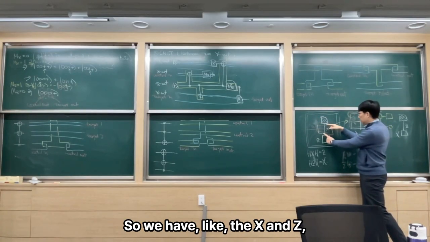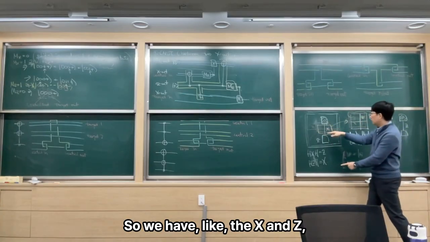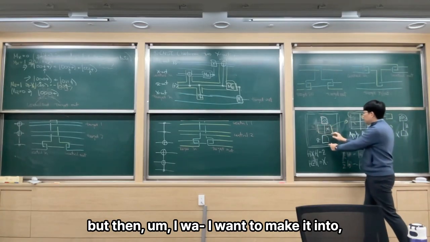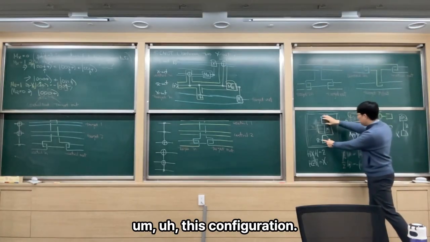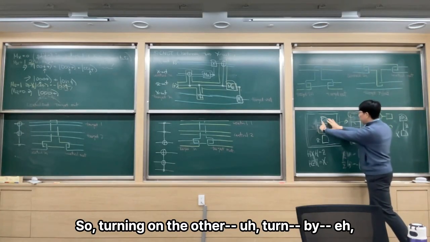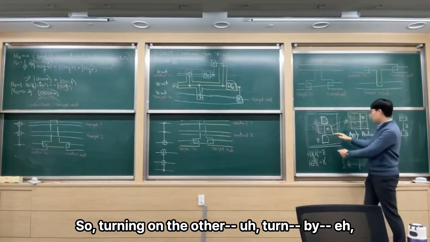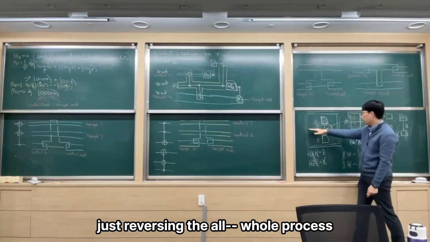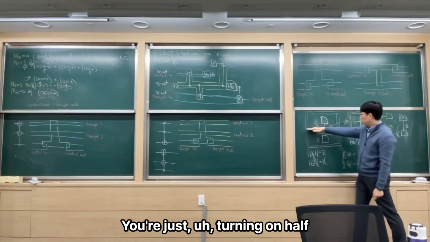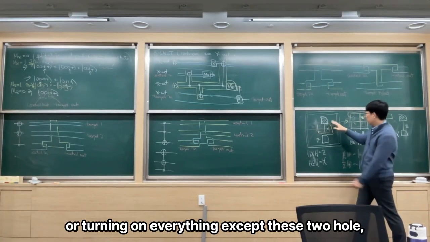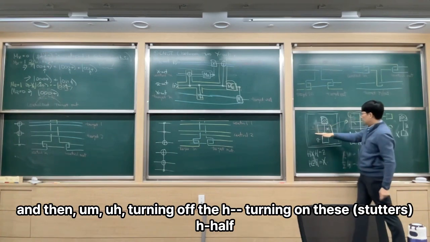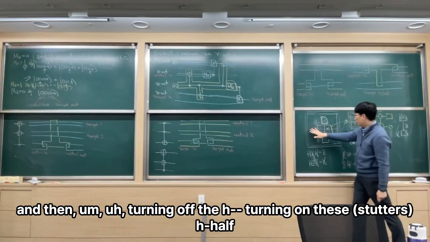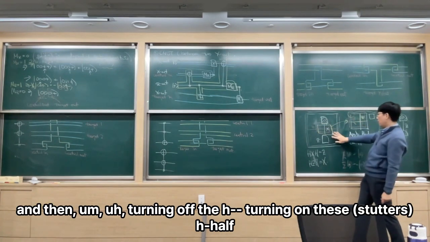So we have the X and Z, but then I want to make it into this configuration. So turning on the others, just reversing the whole process that we had before. It's just turning on everything except these two holes, and then turning on these half here.